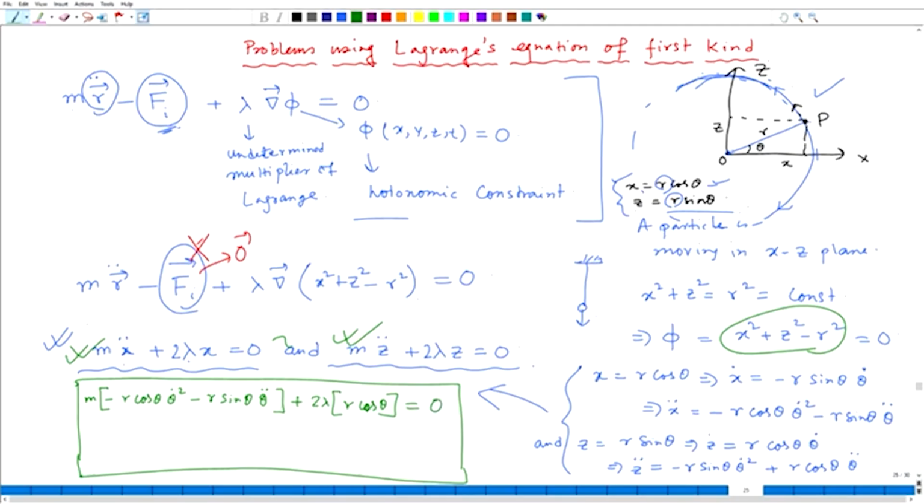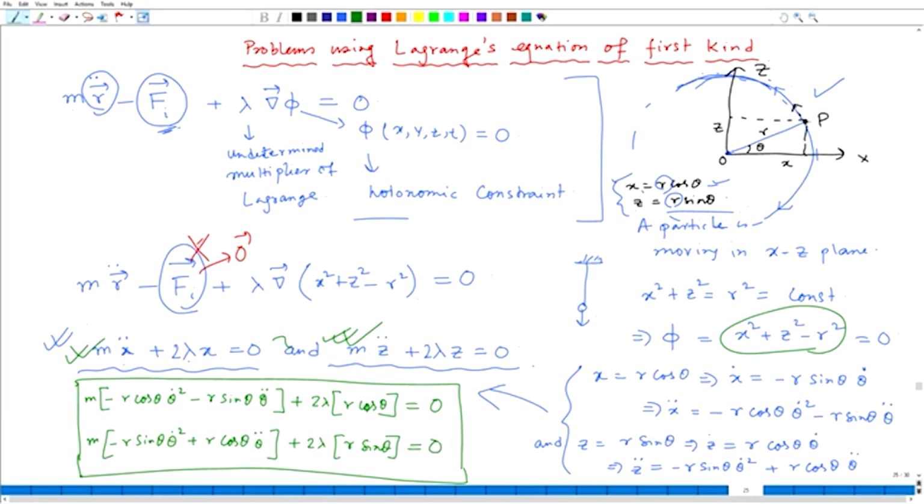Okay. I also have from the z equation, m times minus r sin theta theta dot square, plus r cos theta theta double dot, okay. Then I will have plus 2 lambda r sin theta, which is equal to 0.